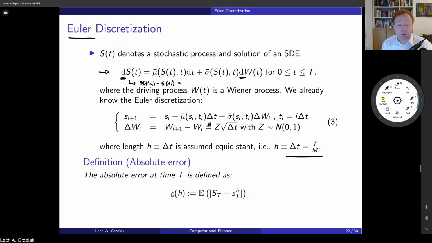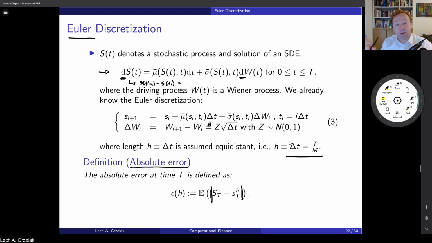Then we have an error definition. This is related to strong convergence, where, because now we will be performing simulation, we would like to measure the strong and weak convergence. For that reason, we use the measure of absolute error, which is an expectation. As you can see, it's the absolute value of the difference between S at maturity minus S_T, also at maturity, but depending on h. And h is our grid size, so it's the mesh.